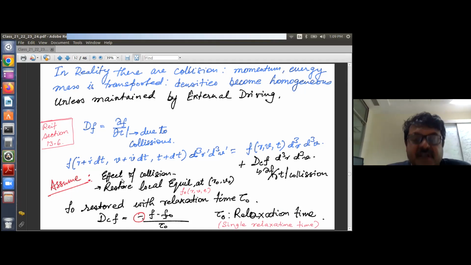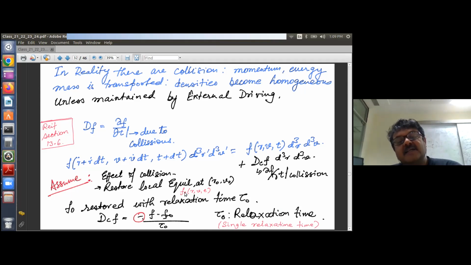As I already said, Boltzmann assumed that the effect of collisions is to restore local equilibrium at r and v, to get it back to the equilibrium distribution. The equilibrium distribution is denoted by f0. Suppose there's an equilibrium distribution and any deviation from it is small. That's another assumption.